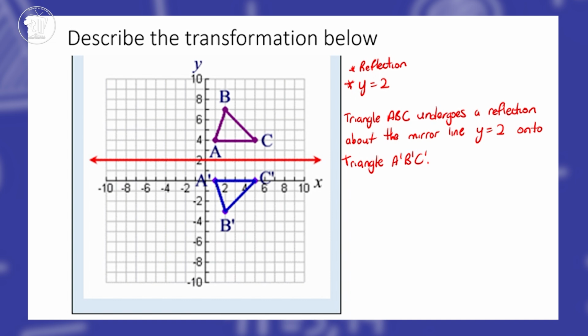And that is how we describe a transformation that is a reflection. We state the type of transformation, we state the mirror line, and we state the image of the object.